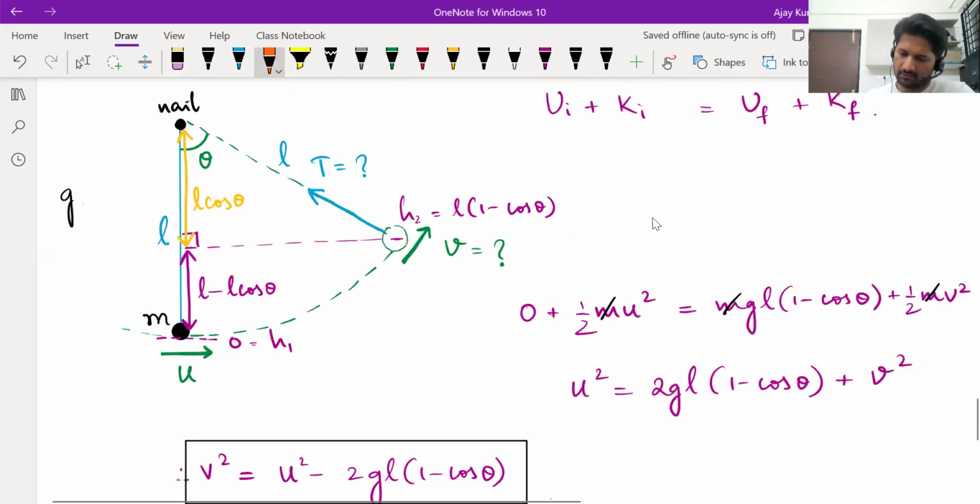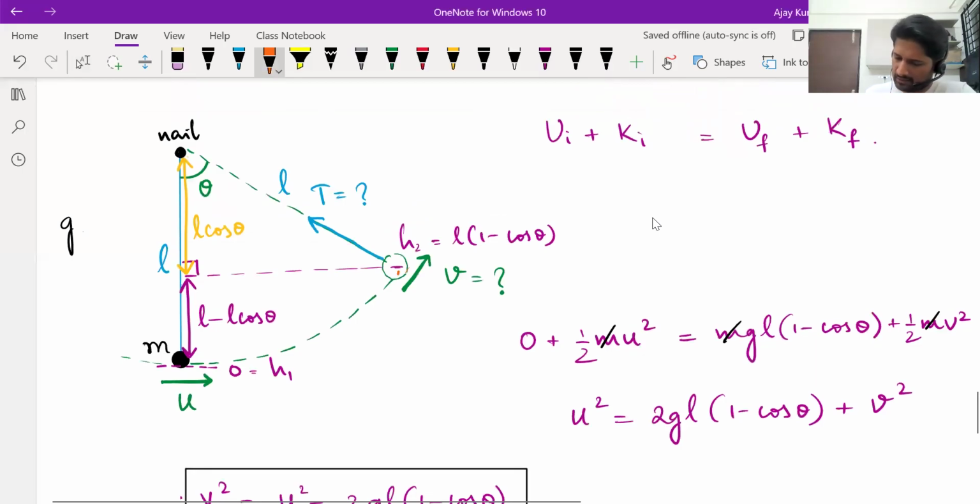Tension will be acting along the length of the string. mg acts downwards. There will be a component of mg acting this way, radially outward. Cos theta, because if that angle with the vertical is theta, this angle will also be theta. So T is acting towards the center, mg cos theta is acting away from the center.